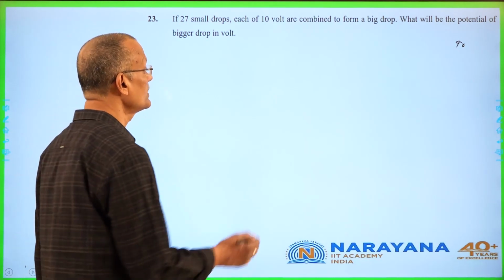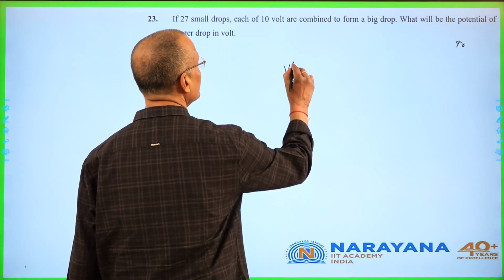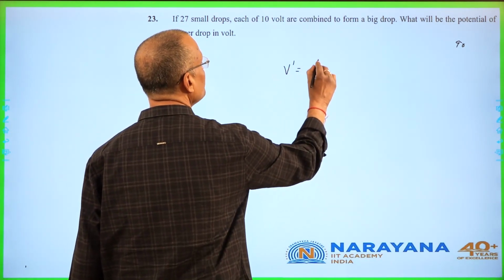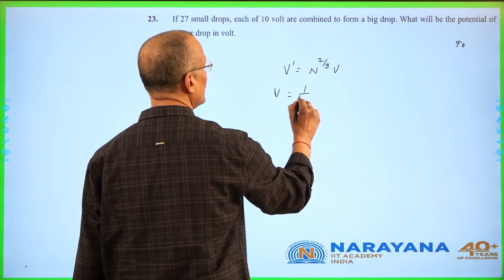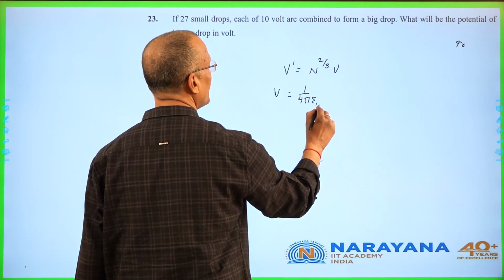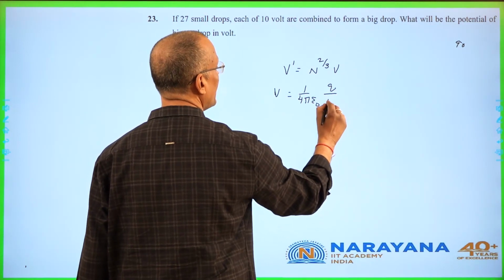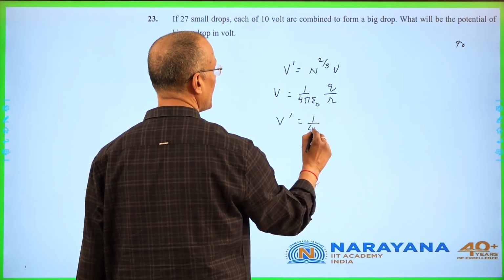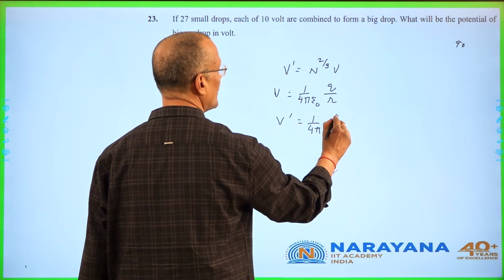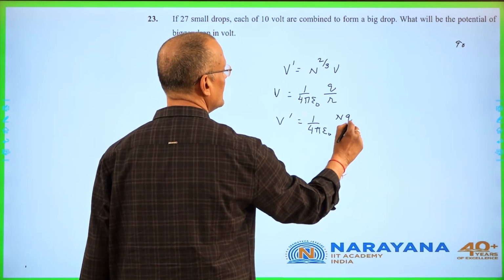But if you don't know the formula, V dash is n to the power 2 by 3 V. If you don't know, you can take 1 by 4 pi epsilon naught Q by R. V dash is 1 by 4 pi epsilon naught n Q by R dash, with n R cube equals R dash cube.